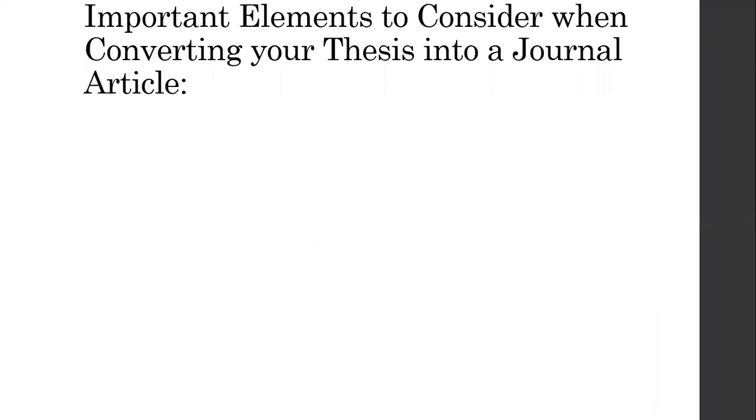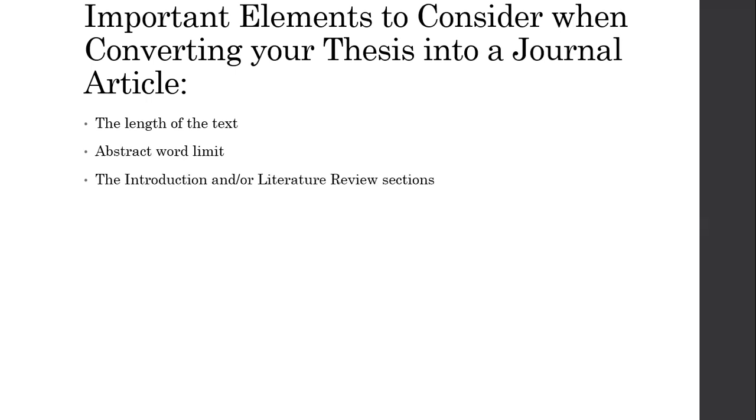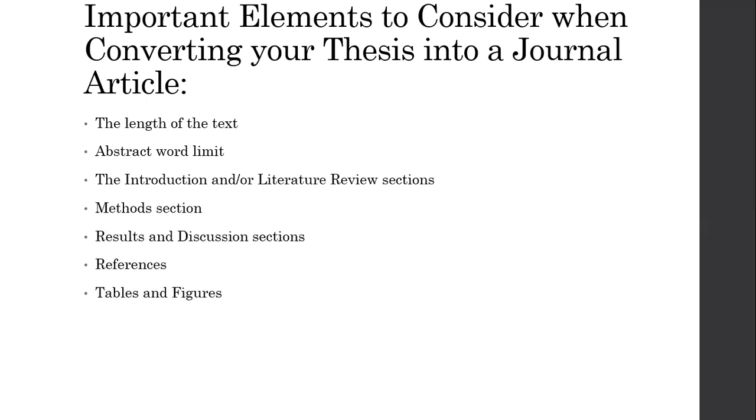Now, what are the important elements to consider when converting your thesis into a journal article? You have to consider the following. First, the length of the text, the abstract word limit, the introduction and or literature review sections.